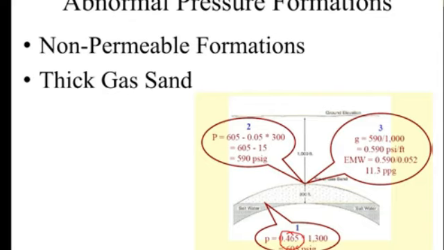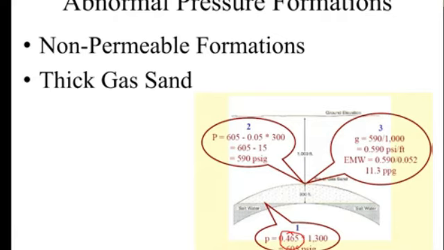To calculate the pressure at the top of the gas cap, we need to first calculate the pressure at the gas-water contact, and then subtract the hydrostatic pressure of the gas column.